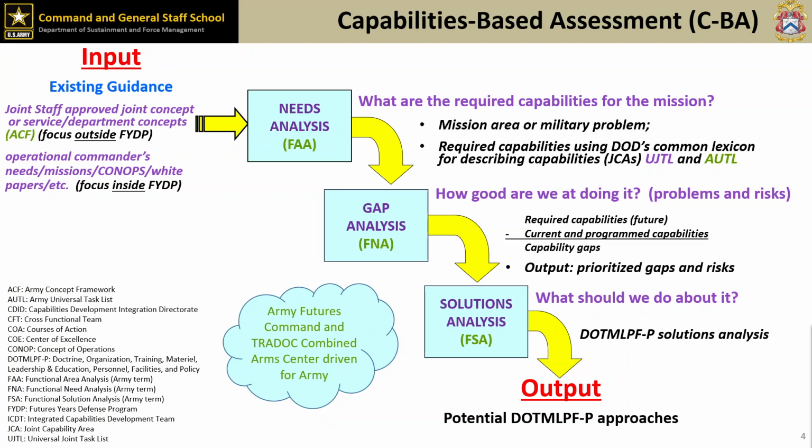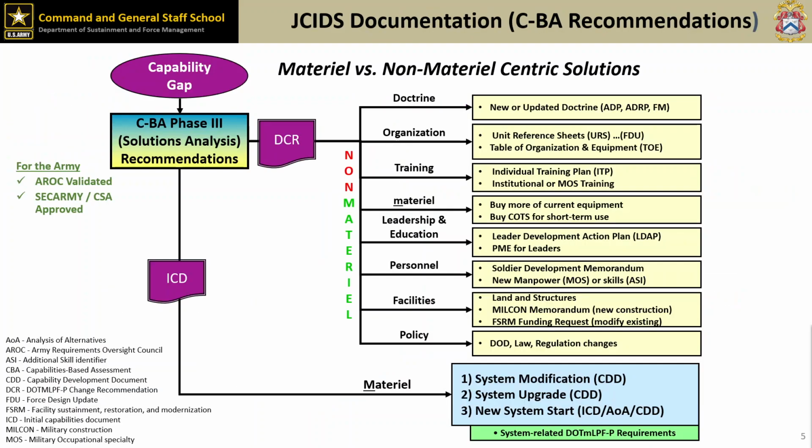All we're doing there is basically brainstorming across the DOTMLPF domains on how we could solve and close those prioritized gaps. The output should be a documented recommendation for a gap solution, right? To work out a capability gap.